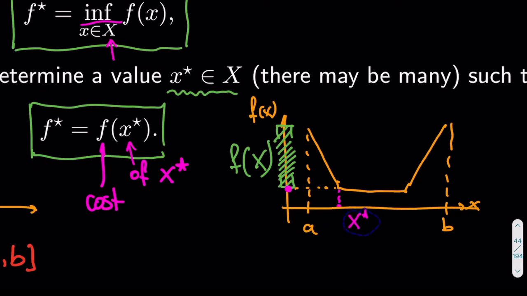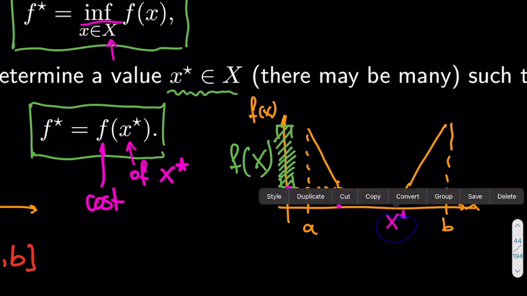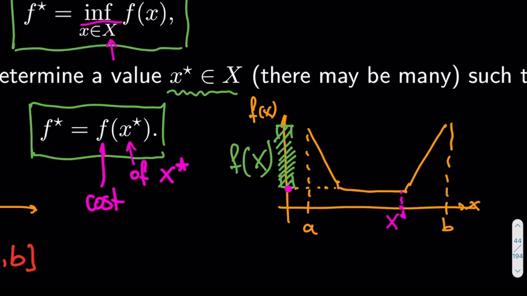If you move your x star to another place, like here, it is still a good point because it corresponds to the same cost function. So you see there is a plateau here. There is a flat region. All of these points correspond to the same cost value.